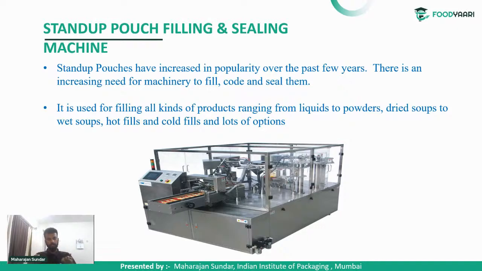The bottom will be made, and then the top sealing layer, a temporary sealing layer, will also be made. Then a permanent seal will be made, and it can be a rotary stand-up pouch filling and sealing machine or a horizontal stand-up pouch filling and sealing machine also.